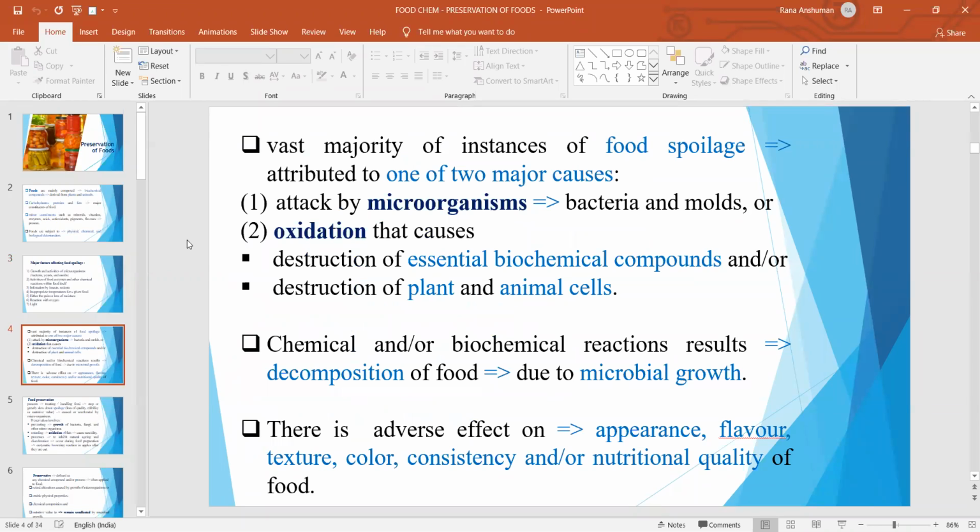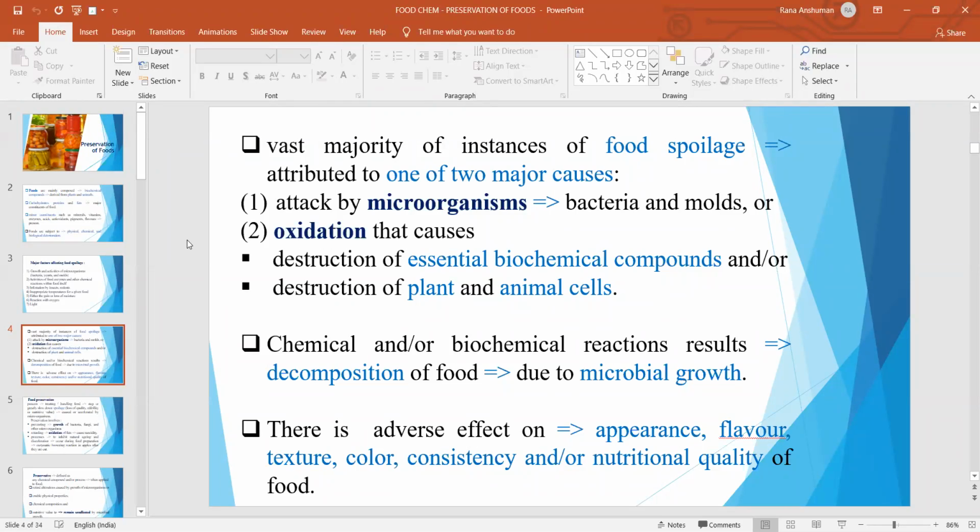The vast majority of instances of food spoilage is attributed to one of two major causes. First one is attack by microorganisms, be it bacteria, mold, or yeast. And second one is oxidation that causes either destruction of essential biochemical compounds or destruction of plant and animal cells.